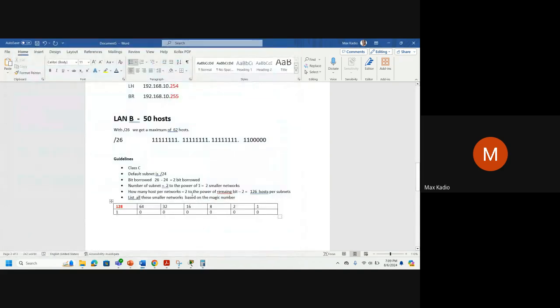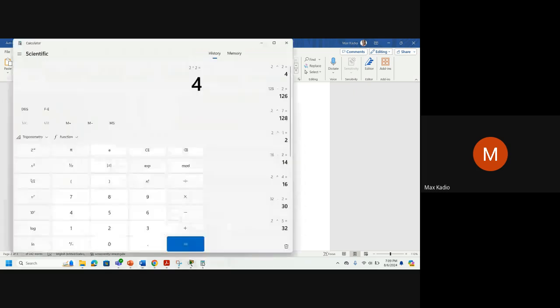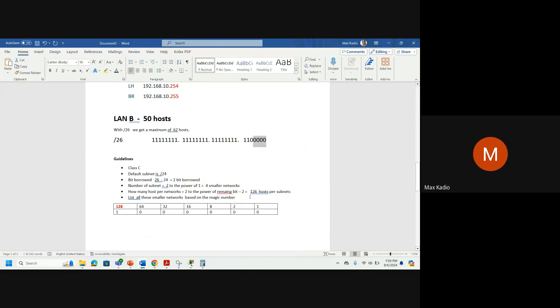I have 4 smaller networks. To find the number of hosts, 6 bits, so 2 to the power of 6 minus 2 has 62 hosts per network.